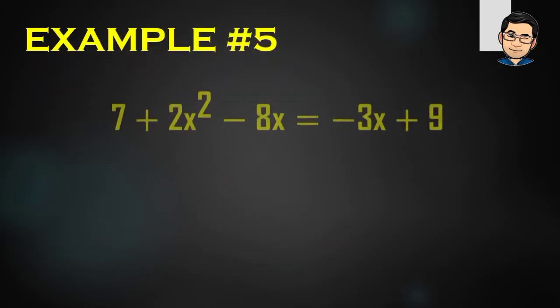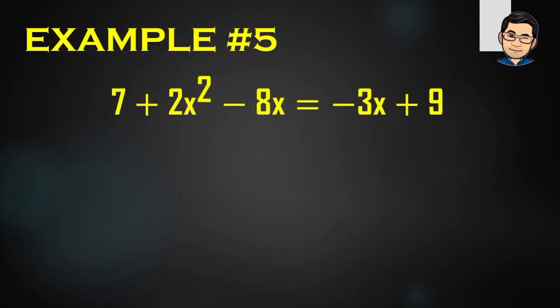Example number 5. 7 plus 2x squared minus 8x equals negative 3x plus 9. Okay, so ang gagawin lang natin dito is, etong negative 3x plus 9 na to, kailangan nating dalhin sa left side. So, ang mangyayari, 7 plus 2x squared minus 8x.